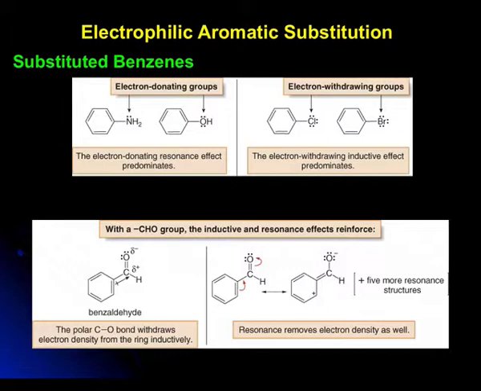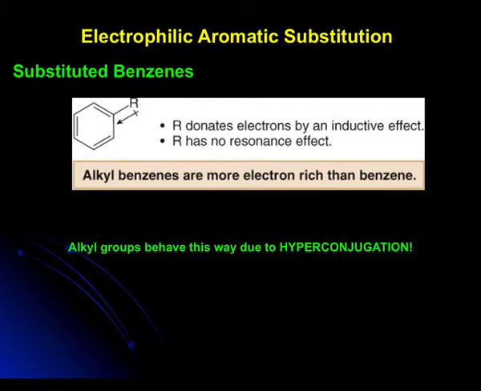They are the only ortho para-directors, meaning 2, 4, and 6, that are also deactivators. Everything else that is an activator is going to be an ortho para-director, and everything else that is a deactivator will be a meta-director. It's the halogens that are a little odd with that respect.